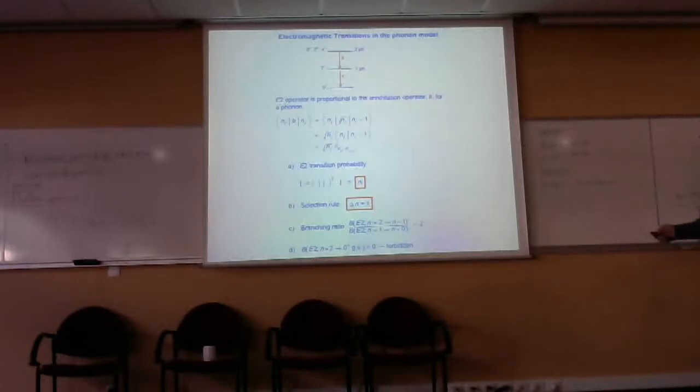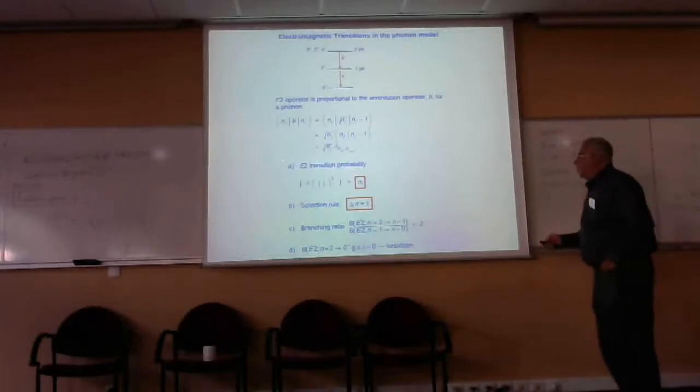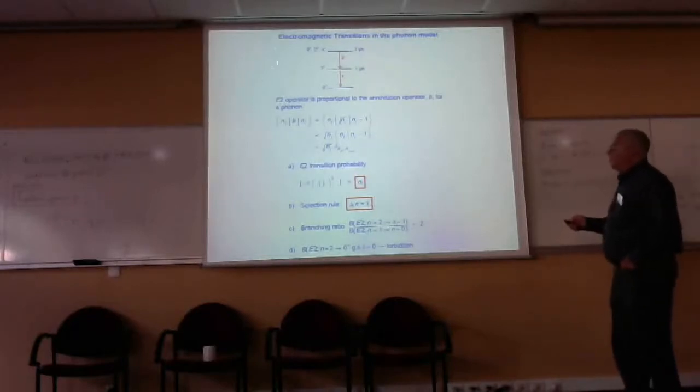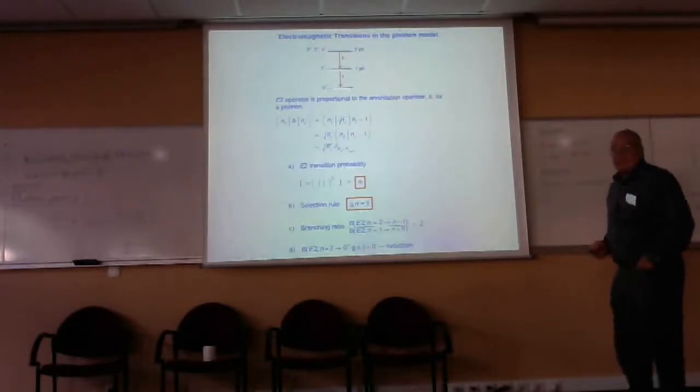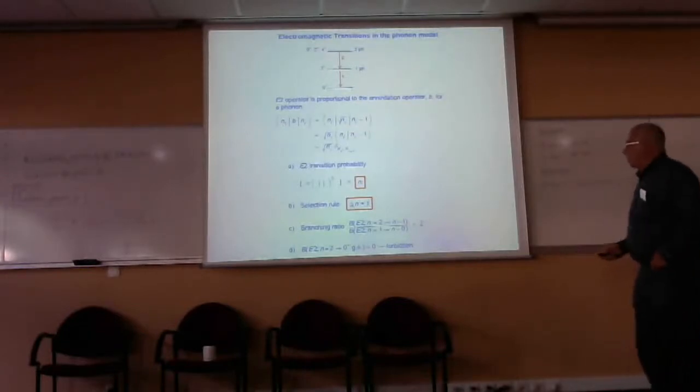So this kind of matrix element only changes the number of phonons by 1 and reduces them. This would correspond to a transition from a state with Ni phonons to one with NF phonons, and it will only happen if the number of phonons in the final state is one less than the number in the initial state.